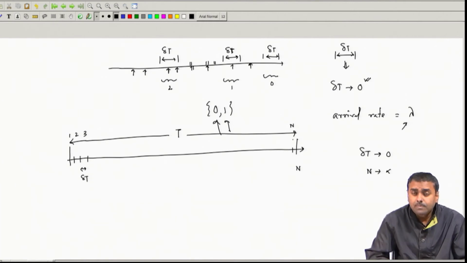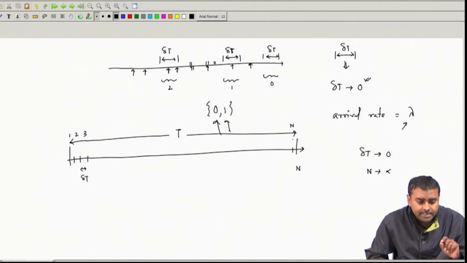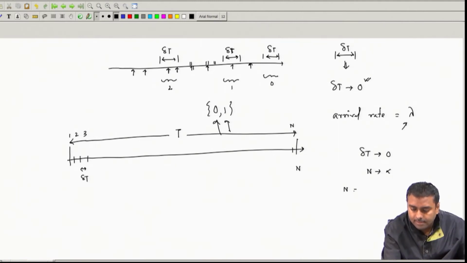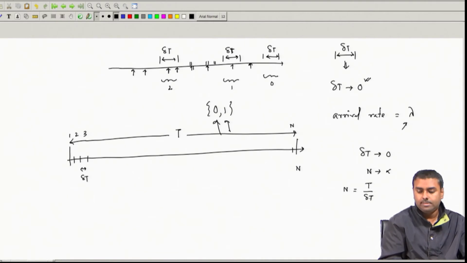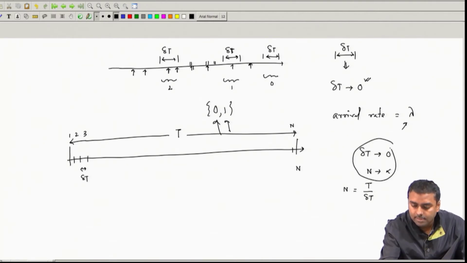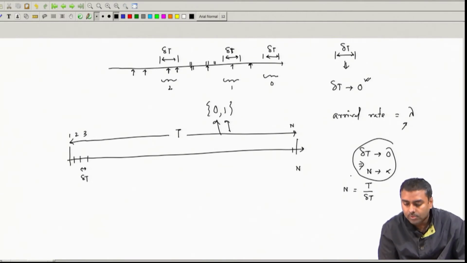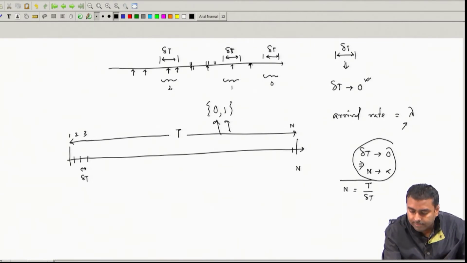Now let us try to understand how many such intervals there are. That N I want to characterize. N must be equal to T divided by delta t. Whenever delta t goes to 0, N goes to infinity. So, this is my basic definition.